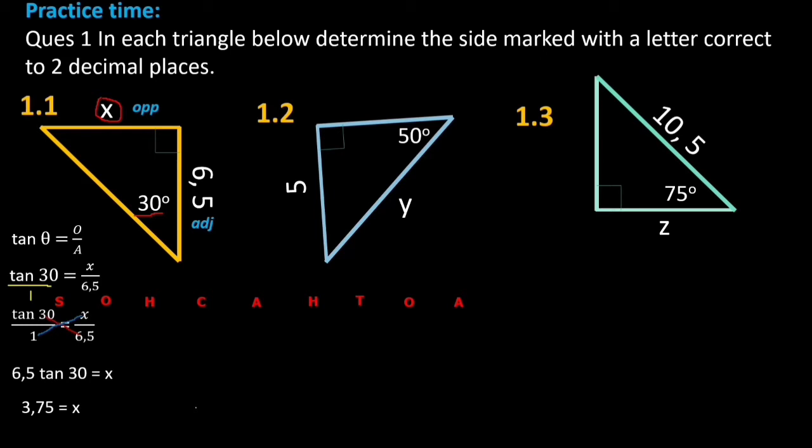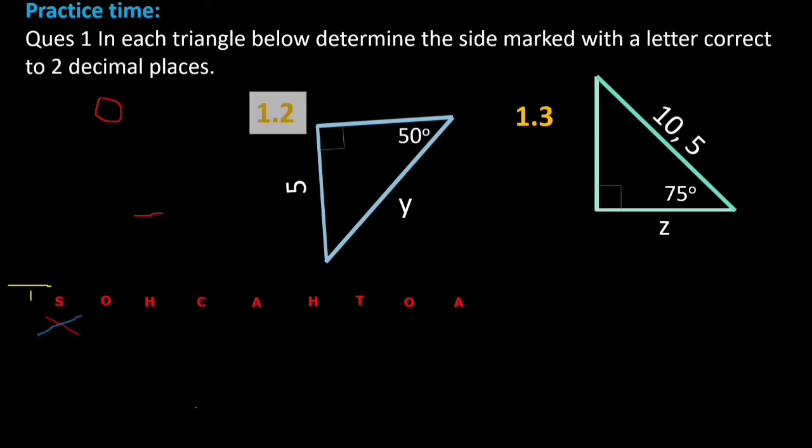So it's always important to use the information given. Figure out from the information given which two sides are given and which ratio I can use. 1.2. You're given the opposite side, and the side that we want to work out is the hypotenuse. Opposite over hypotenuse is with which ratio?